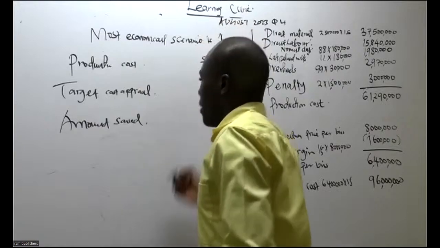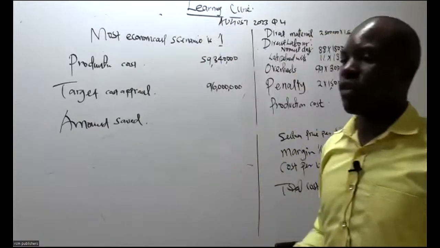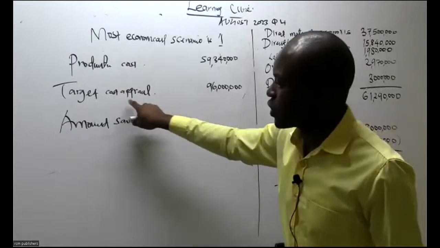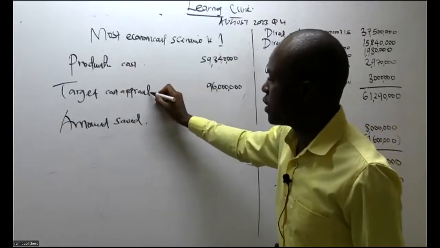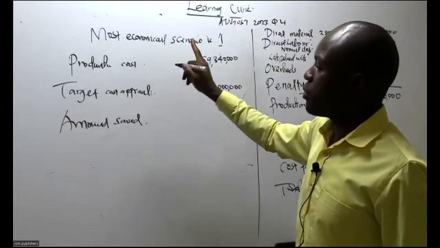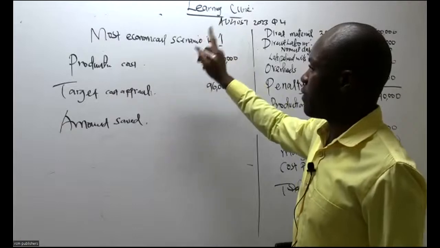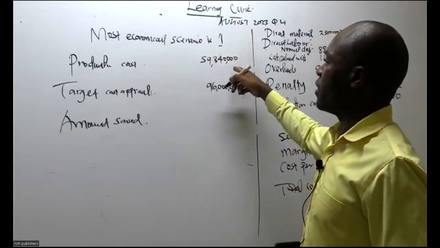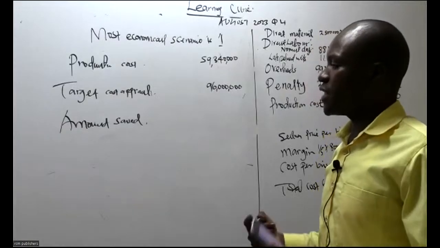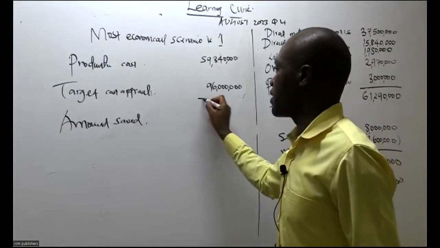Now, as a company, you are trying to minimize cost of production. The target cost approach is telling you that you are supposed to spend 96 million. But if you go to the production cost under the scenarios, you are only spending 59,340,000. So there's a benefit. There's an amount you are going to save. The amount saved is now the difference.